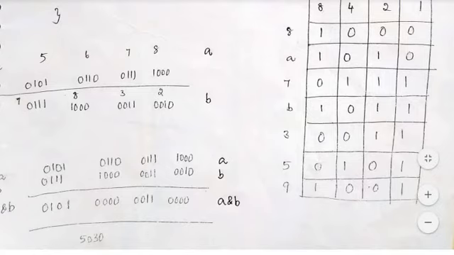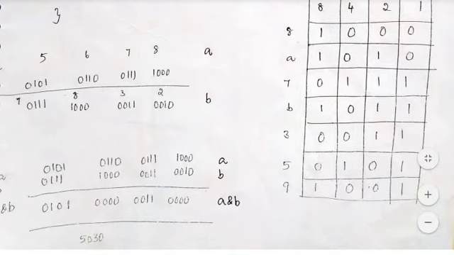Now apply the AND operator. We always move from right to left. So 0 and 0 is 0, 0 and 1 is 0, 0 and 0 is 0 and 1 and 0 is also 0. 1 and 1 is 1, and so on.